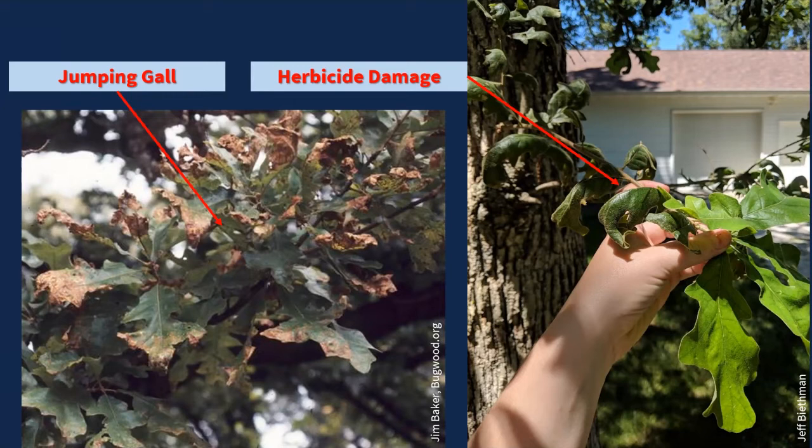And so the picture on the left is not a great picture of it, but if you're familiar with jumping oak gall, they get on these leaves and cause them to cup and fold in and curl severely at times as well. So I like to pull those leaves off, again, fold them out, look at there, and do you see the little pimples that would be consistent with jumping oak gall, or is that absent? Just another way of trying to rule out a common cause of leaf curling.